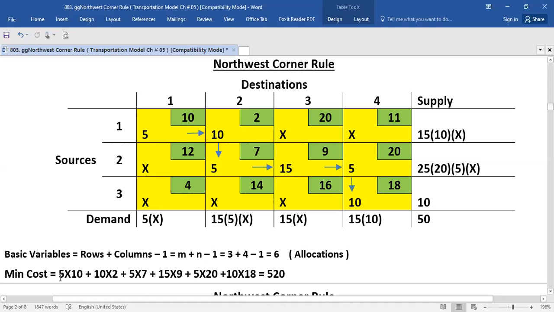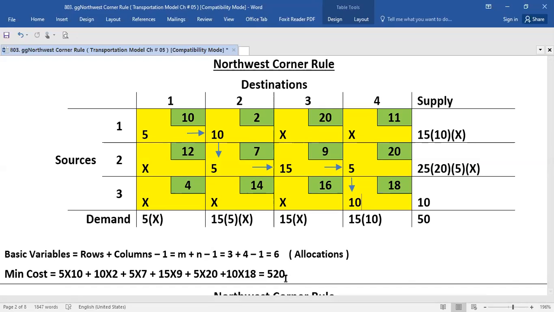So you will multiply 5 with 10, 10 with 2, 5 with 7, 15 with 9, 5 with 20, and 10 with 18. After multiplying and summing, you will get a minimum cost of 520. This is your initial basic feasible solution.